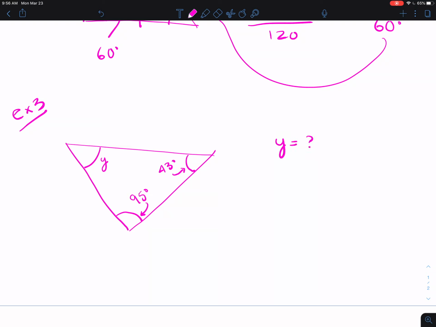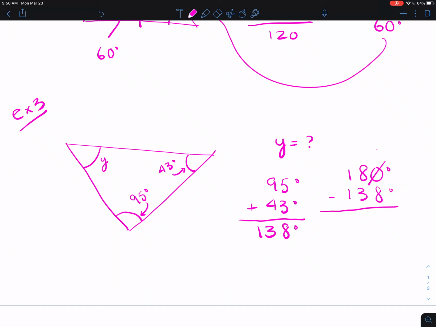What does y equal? Well, take 95 degrees and add it with 43 degrees. It's going to give you 138. Check my math. Yep, 138 degrees. Take the total of all the angles, which is 180, and subtract 138 degrees.